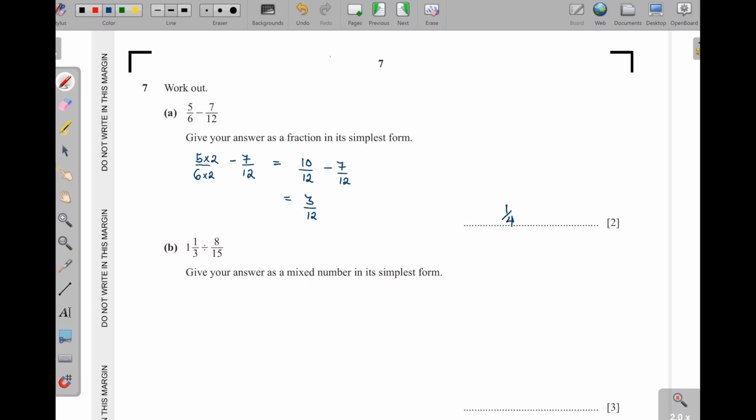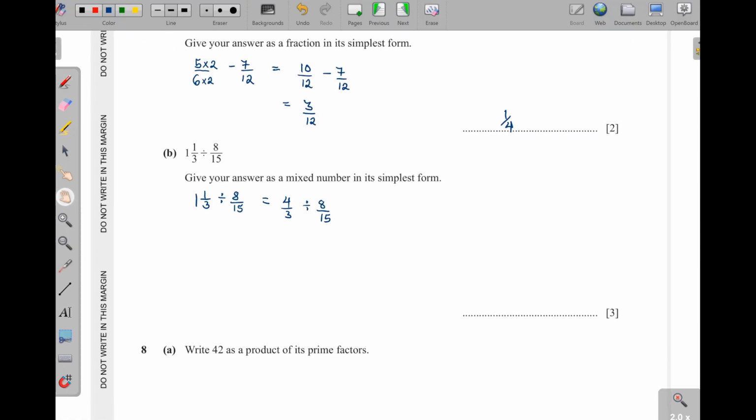As simple as that. Then part B, one whole number 1 over 3 divided by 8 out of 15. Give your answer as a mixed number in its simplest form. So the first thing we do is to change this mixed number to an improper fraction. So here, this one will be 3 times 1, that is a 3, then plus 1, that will be a 4. So it is 4 over 3. Then we are dividing by 8 out of 15. From there, we turn this division to multiplication, and then we somersault this one.